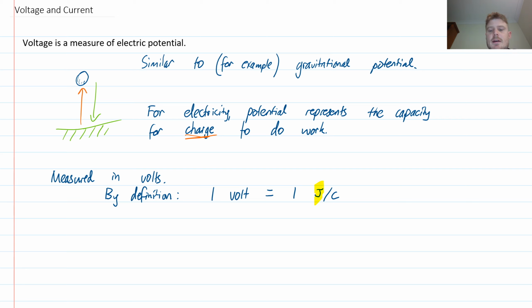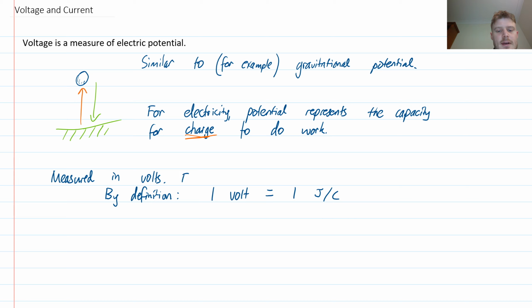So joule here refers to the amount of energy. So that's energy's capacity to do work. So we have 1 joule, and we're saying how many joules per coulomb. Coulomb is a measure of charge. So basically we're saying here how much energy do we have per unit of charge. So measured in volts.